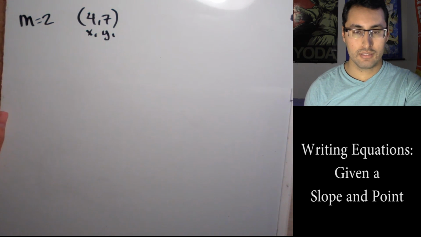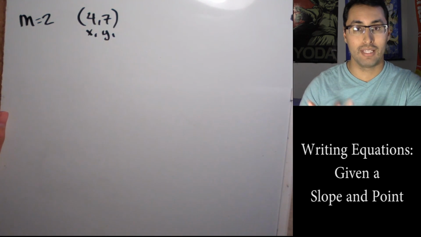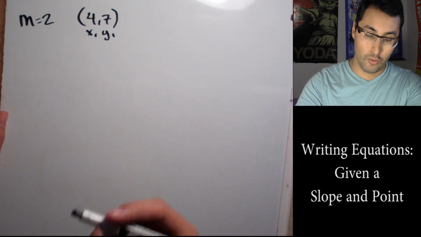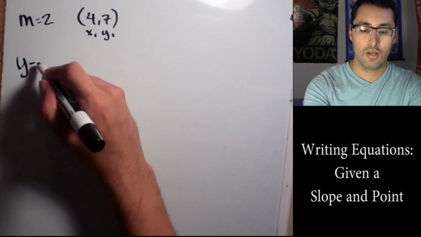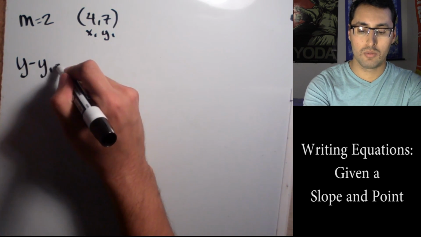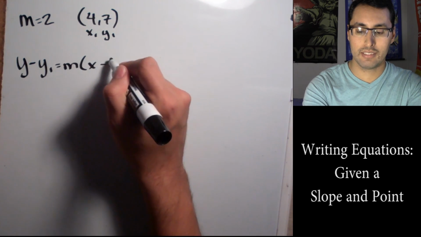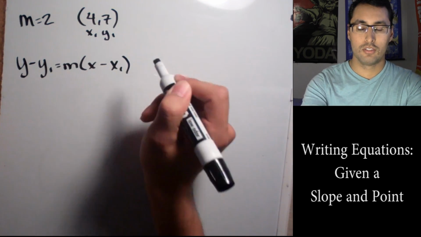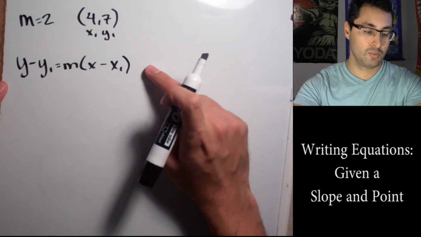So when we have these things, what I want to do is put this in point-slope form. That was our first step. Point-slope form is where we have y minus y1 equal to m times x minus x1. Very carefully, we're going to put these things into this formula, wherever we see it.